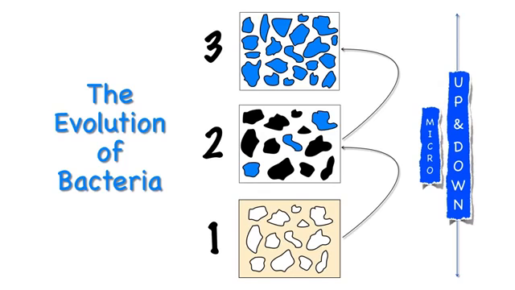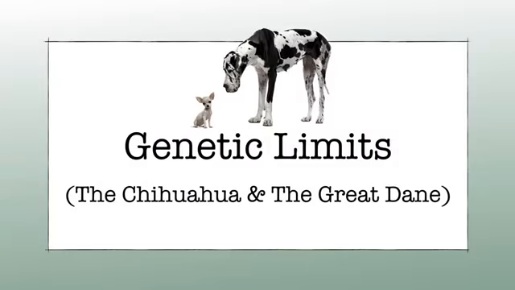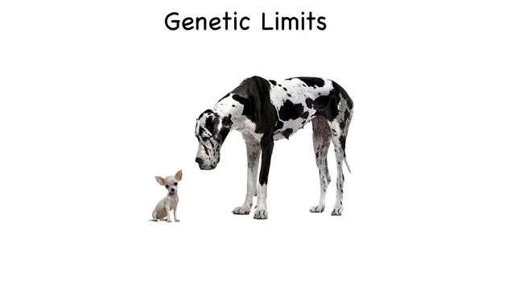Now let's shift gears and move from bacteria and talk a little bit about dogs and genetic limits. We're going to learn a little bit from the Chihuahua and the Great Dane here. Dog breeders today are able to produce different types of dogs through crossbreeding. The resulting dogs can range from the tiny Chihuahua here to the Great Dane.